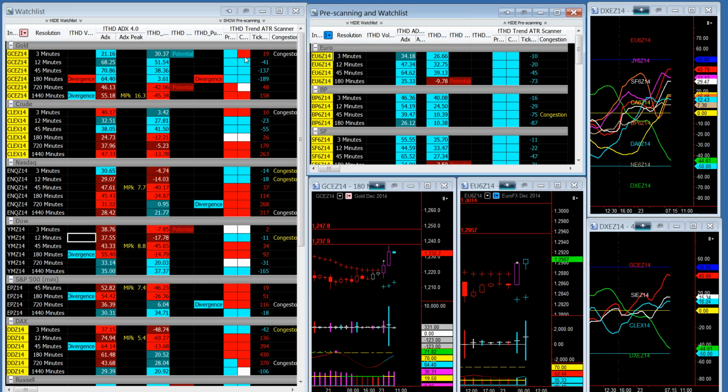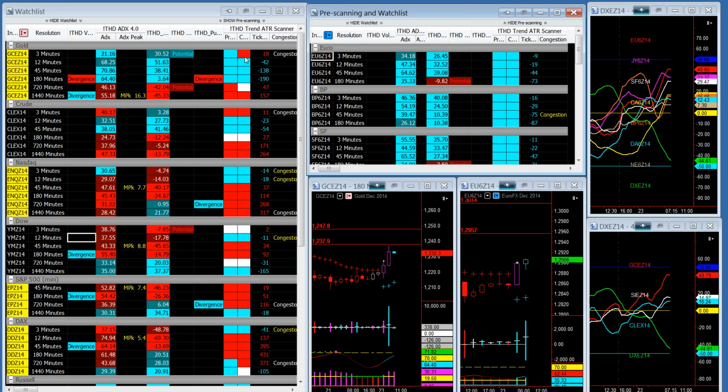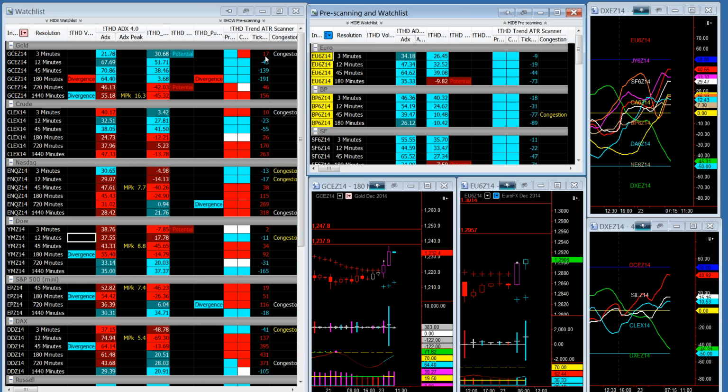Now, I also know that it has not closed above that previous ATR with momentum, because you see that congestion is being plotted right now in the sale. Okay, so that means that yes, they're flipping the ATR, but they don't have momentum behind them right now. Okay, so that's a lot of information just off of that one screen without even looking at a chart.